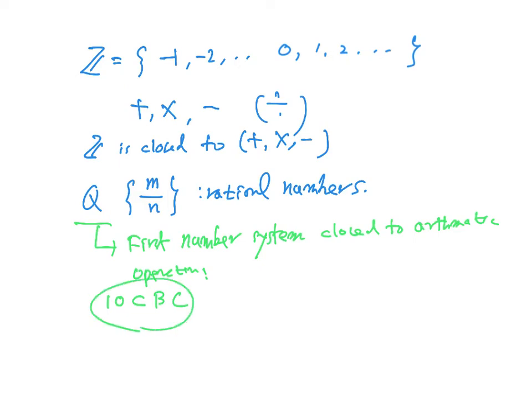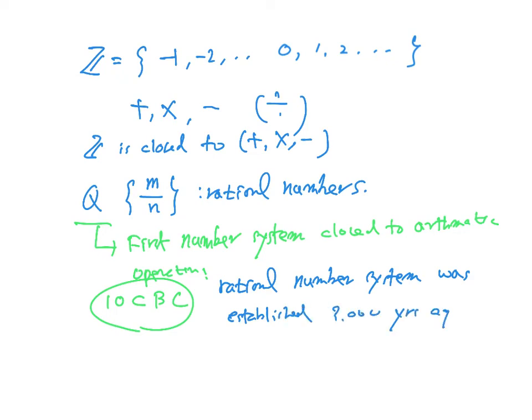So the rational number system was established 3,000 years ago and summarized by Euclid. Elements. It is believed that Euclid was around the 5th century BC.